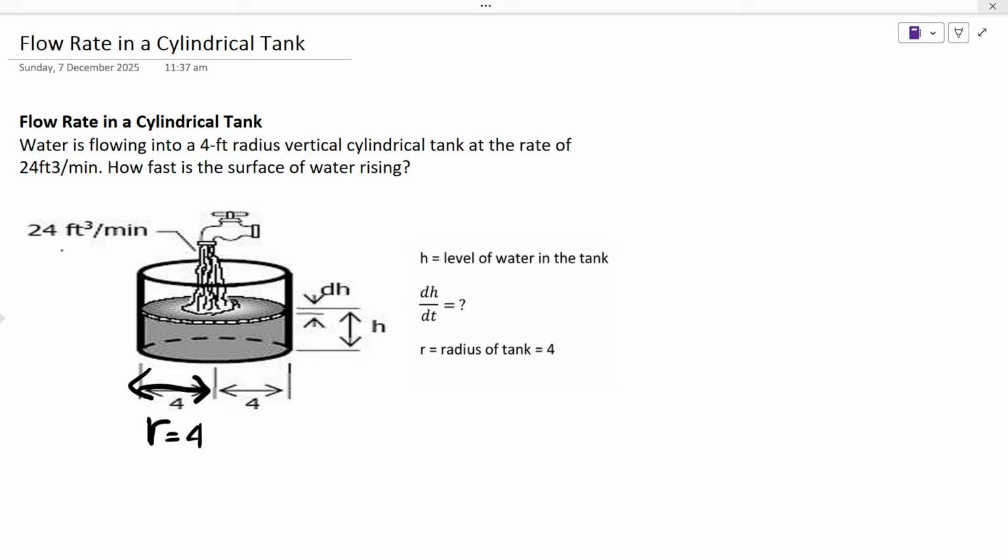This 24 cubic feet per minute is the volume, so dV, the change in volume over change in time. By the way, V is the volume in cubic feet.